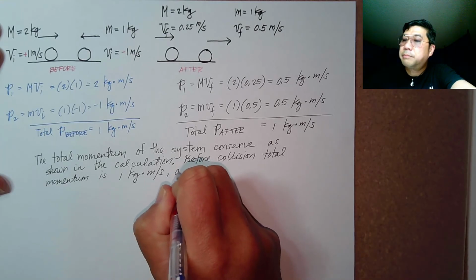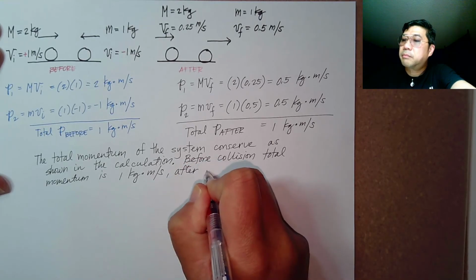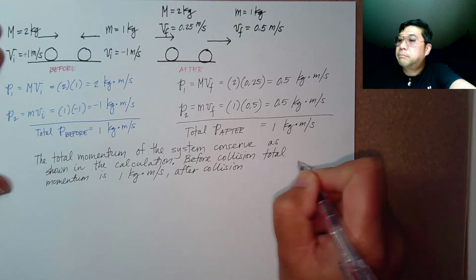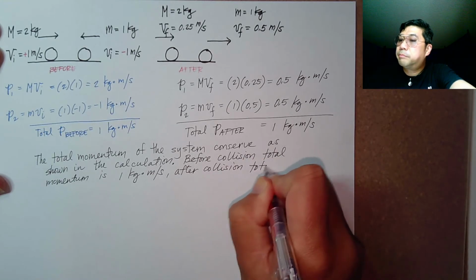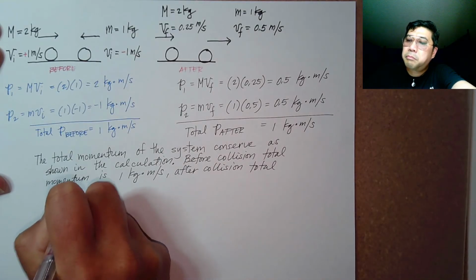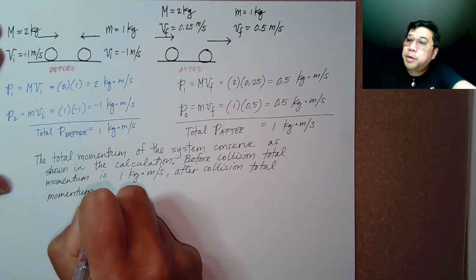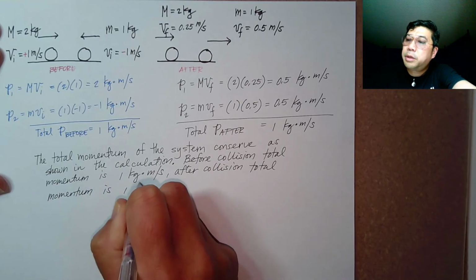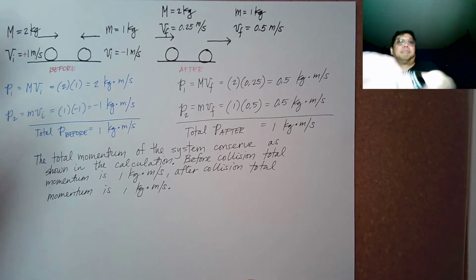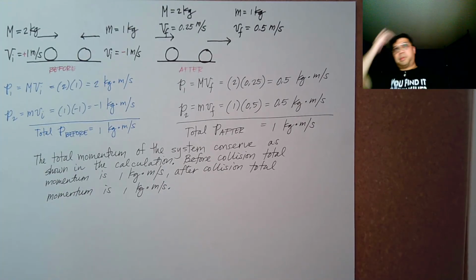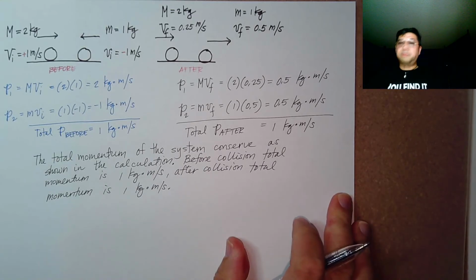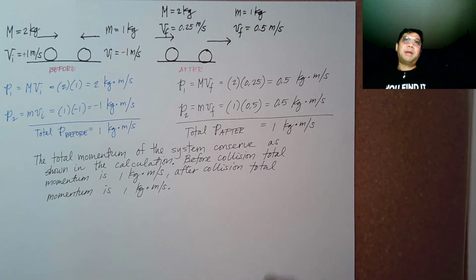After collision, the total momentum is also 1 kilogram meter per second. So this is an example where we can prove that momentum is conserved before and after collision.